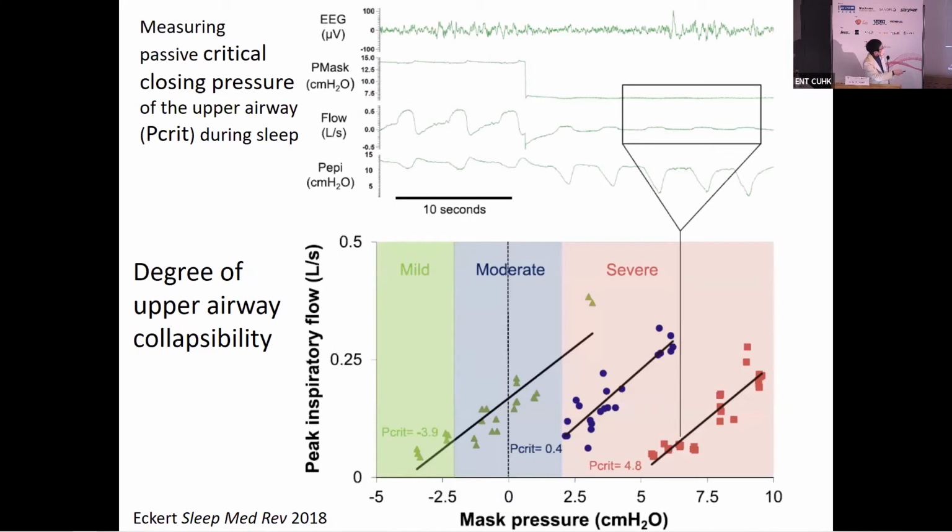So for patients with severe OSA, you'll find that even when the mask pressure has not reached 0, the mask pressure is still positive, the flow has already reached 0. Whereas in patients with mild OSA, the pressure has to go negative, less than -2, before the patient reaches a peak inspiratory flow. To do this in the sleep lab, you need a pneumotachograph, a special device to measure the flow.